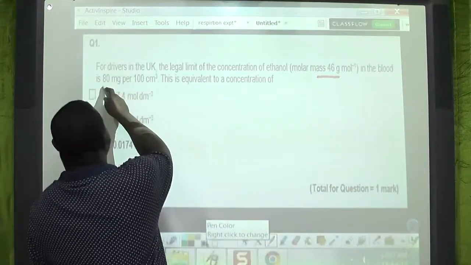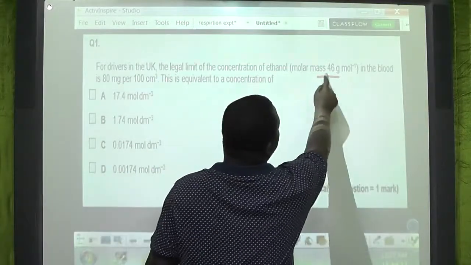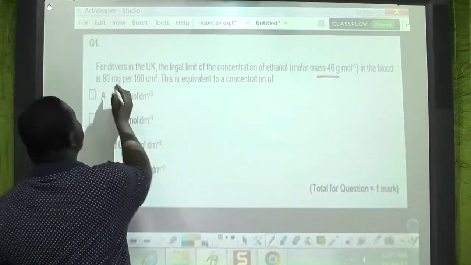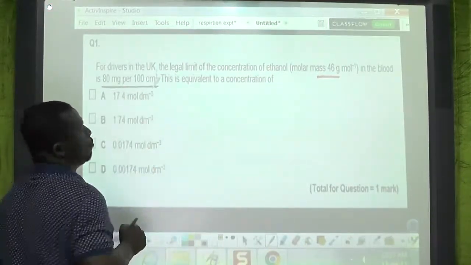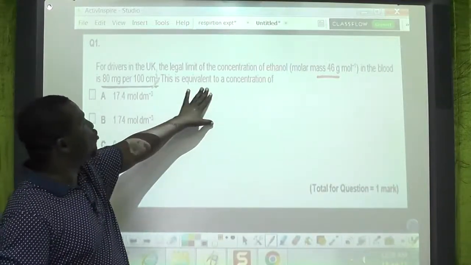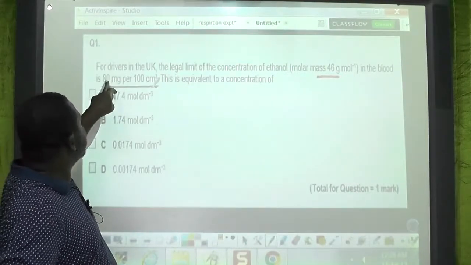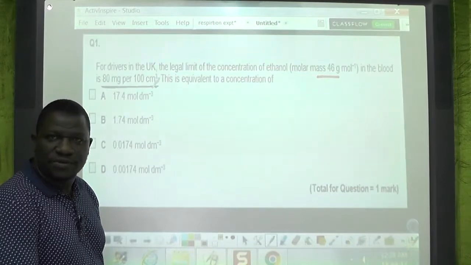The legal limit of the concentration of ethanol in the blood is 80 milligram per 100 cm cube. This is equivalent to a concentration of what? They want you to choose the concentration of 80 milligram per 100 cm cube of ethanol.